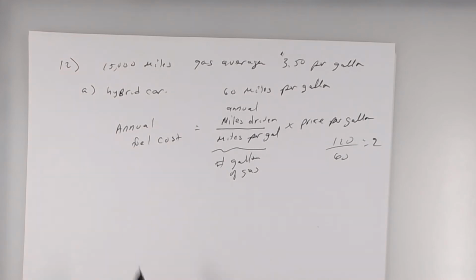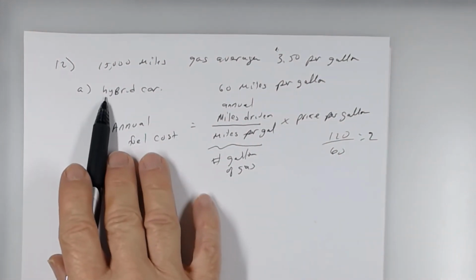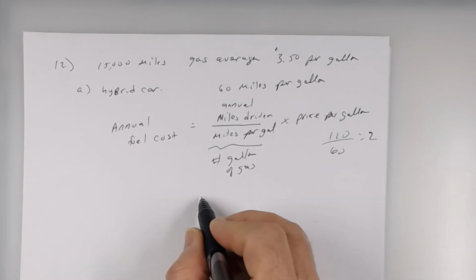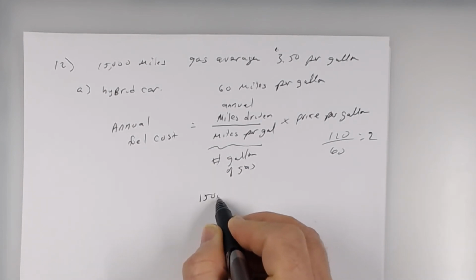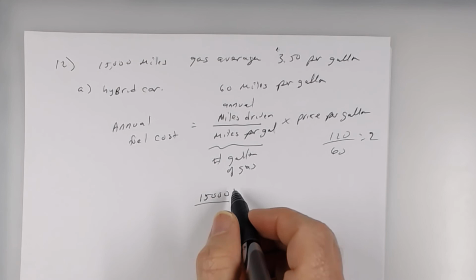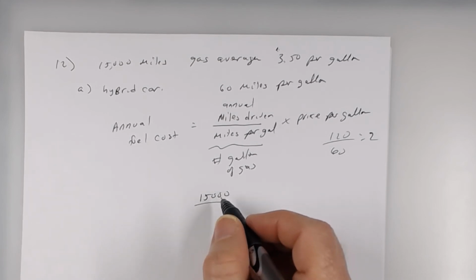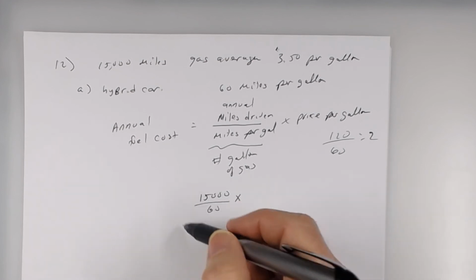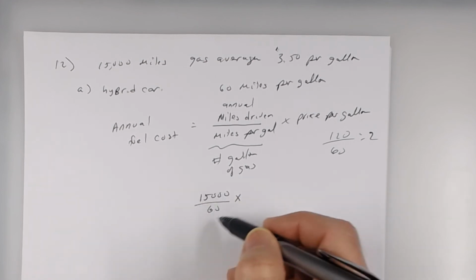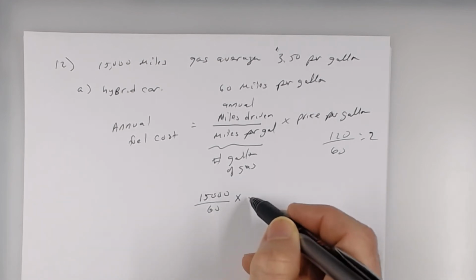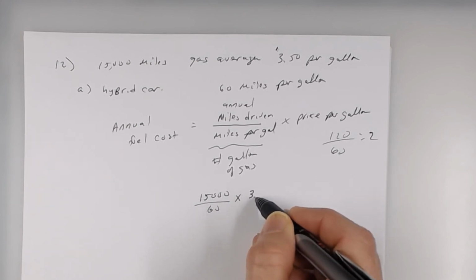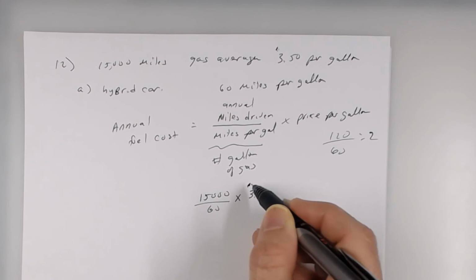So let's go back to Part A then. How many miles did I drive in that one year? 15,000. Divide by how many miles per gallon do I get for this hybrid? 60. And whatever that is, that's the number of gallons now. I take that and multiply by the cost per gallon, $3.50.